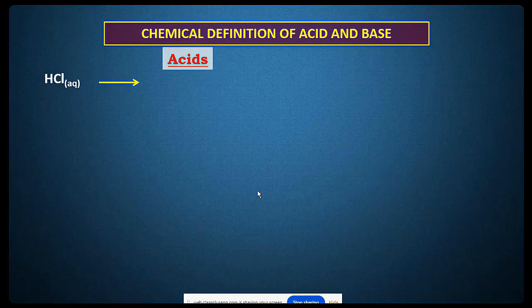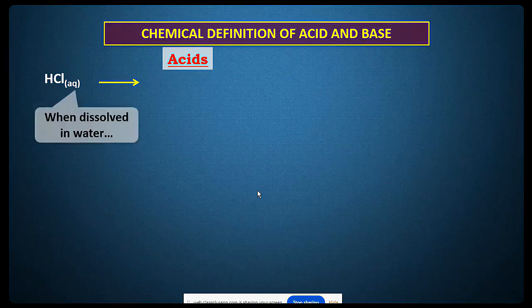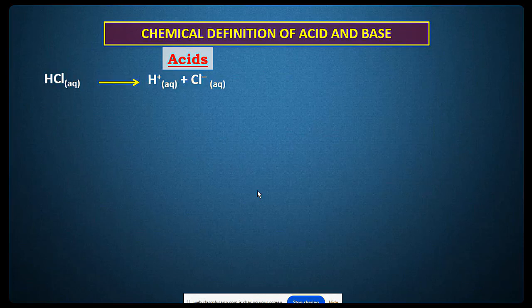Here, for the chemical definition, if you add this aqueous solution of HCl into water, when dissolved in water, it separates into H plus ions and Cl minus ions. So if H plus ions are present, then the solution is acidic in nature. It splits into two ions, H plus and Cl minus.